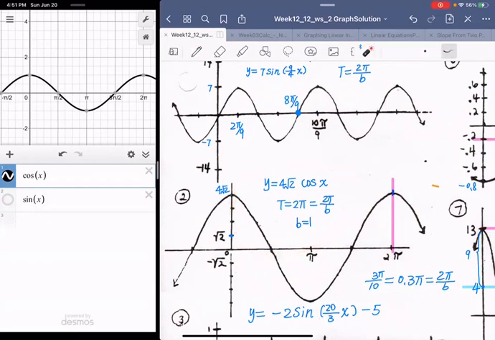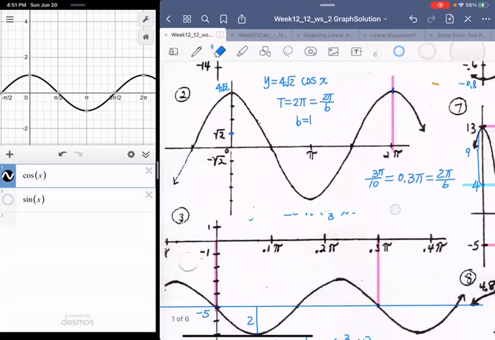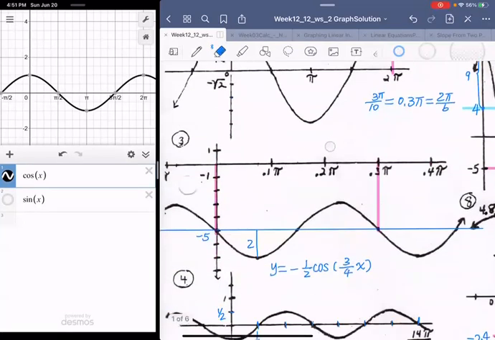Now we are going to move to a harder question, okay? Number 3. Number 3 is the first time we see a function that not only has a vertical shift, but also has an amplitude not equal to 1. Again, the period is not equal to 2 pi.